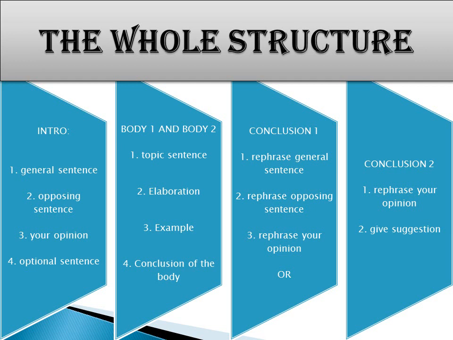And then the third sentence, your opinion: however, in my opinion, it is a bad activity. Okay, so again, general sentence, then opposing sentence, and your opinion. The opposing sentence is some people think it's a good activity, and your opinion is that, in my opinion, however, it's a very bad activity.